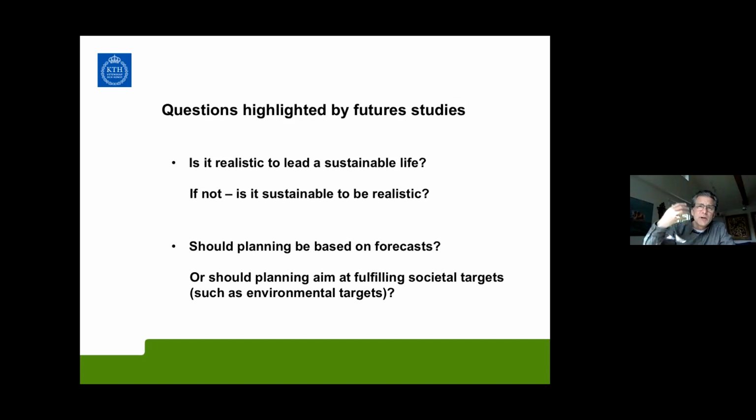If the forecasts are not leading us towards fulfilling important societal targets, then maybe we need to do something else and not follow the forecasts. This is a very simple and a bit rhetorical way of putting it, but I think it is a reasonable way of showing what kind of questions we need to ask ourselves regarding the future.